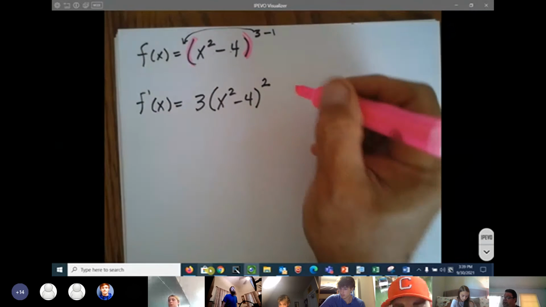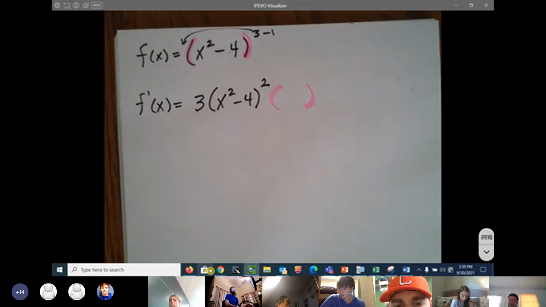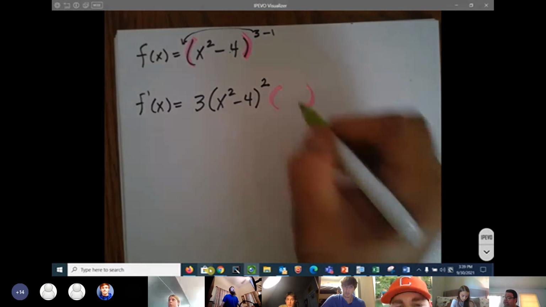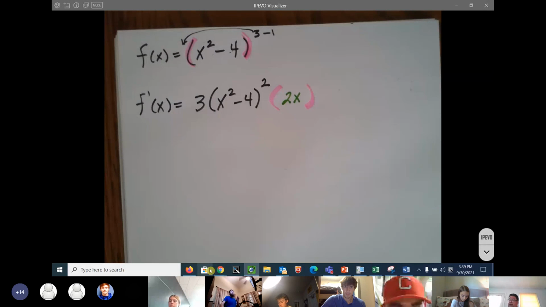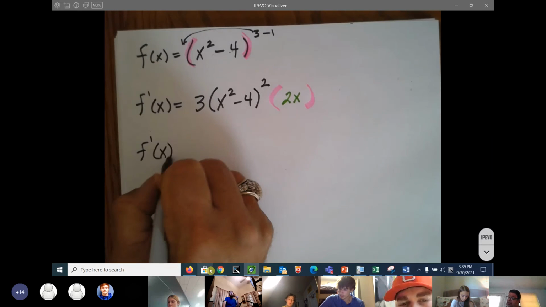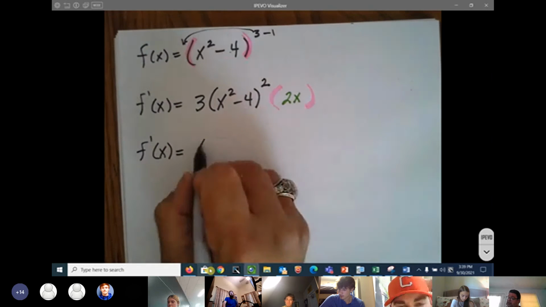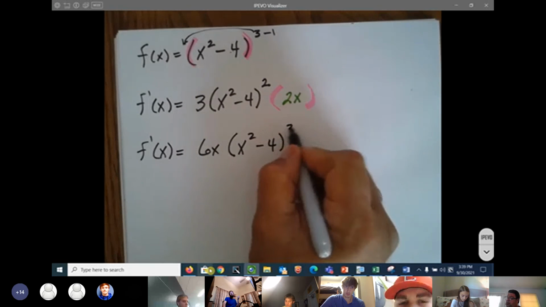And then what is the derivative of x squared? 2x. And now you just clean it up. So your final answer is f prime of x is equal to 6x, parentheses, x squared minus 4, squared.